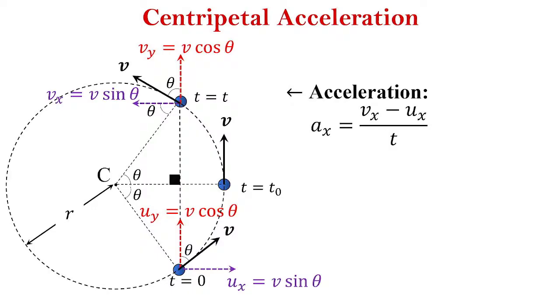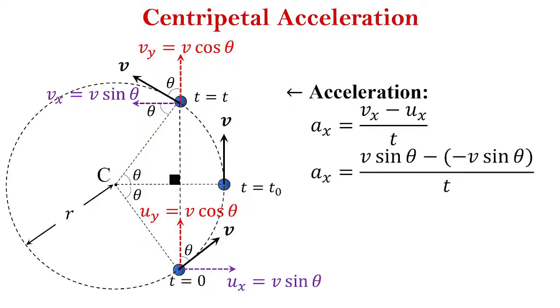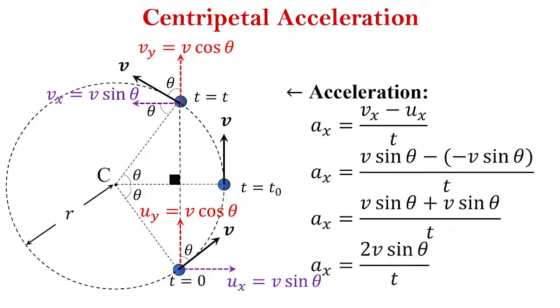What's the direction? Negative x direction. Ux is V sin theta to what? Positive x direction. V sin theta minus negative V sin theta, so V sin theta plus V sin theta, that is 2V sin theta over T.